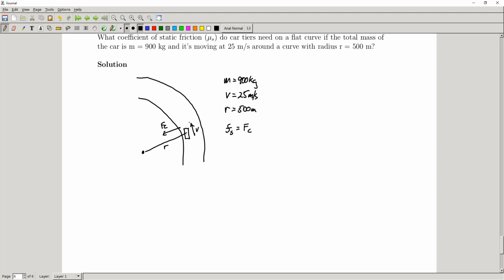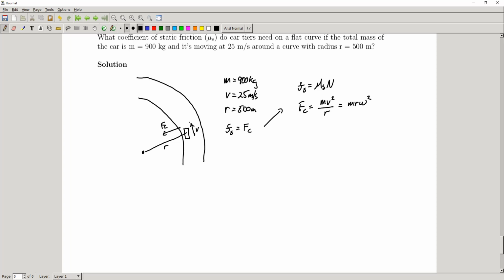But we know that we can write our force of static friction as mu s times the normal force, and we're going to find it useful. Maybe I'll write both versions. We know that we can write Fc as mv squared over r, or we could write it as mr omega squared.